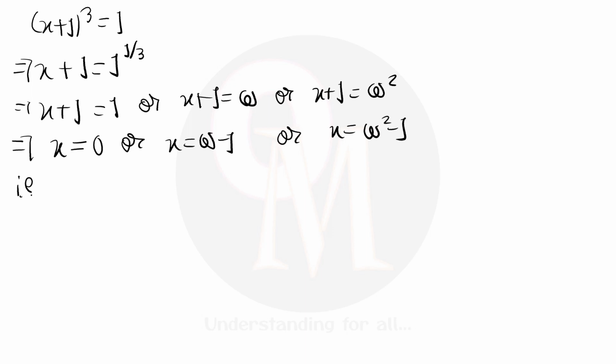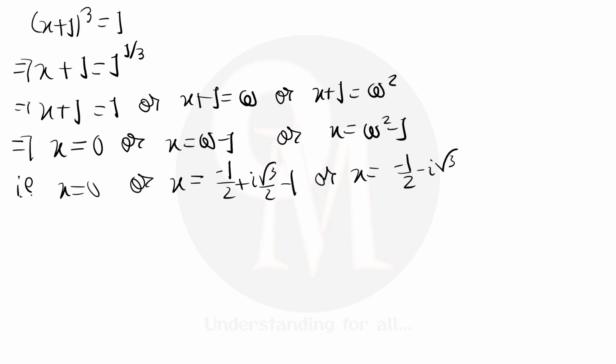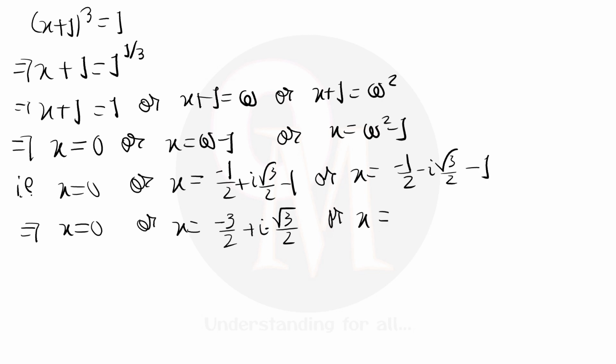That is, x is equal to 0, or x is equal to minus half plus i root 3 by 2 minus 1, or x is equal to minus half minus i root 3 by 2 minus 1, which gives x is equal to 0, or x is equal to minus 3 by 2 plus i root 3 by 2, or x is equal to minus 3 by 2 minus i root 3 by 2.